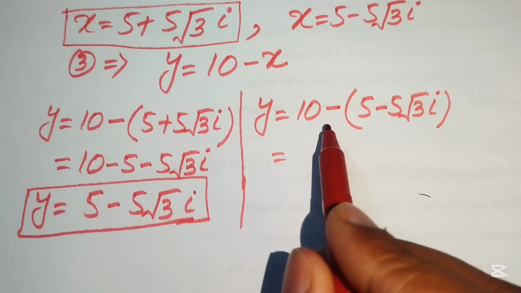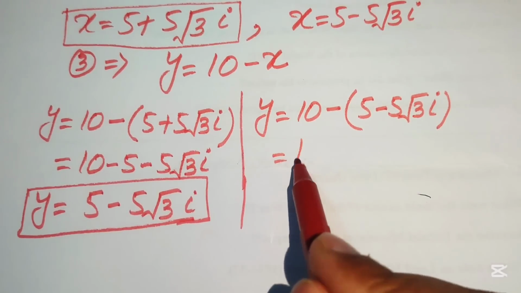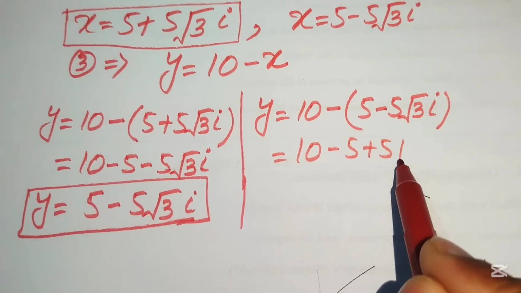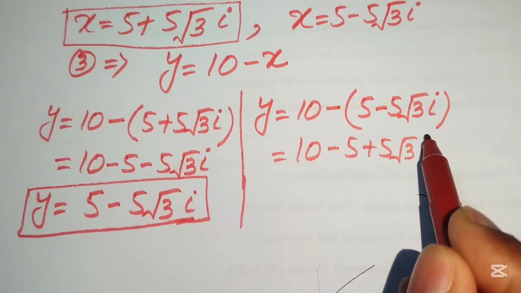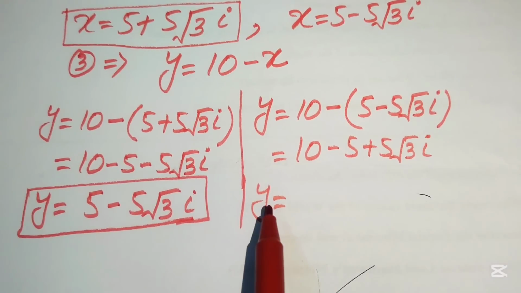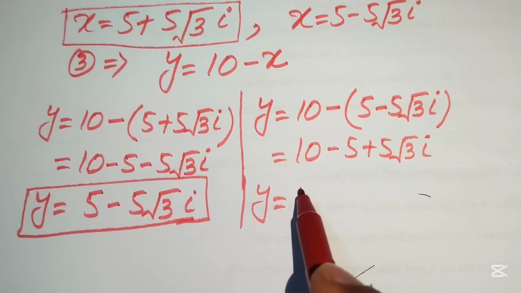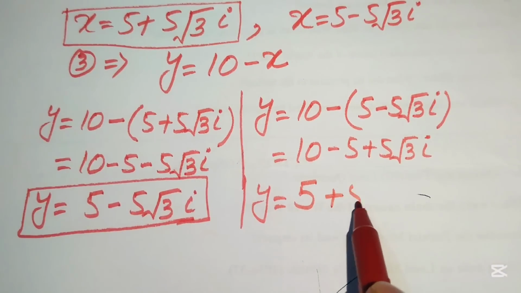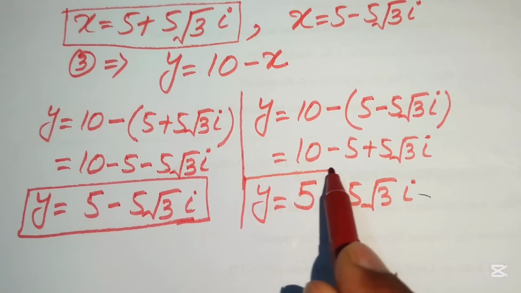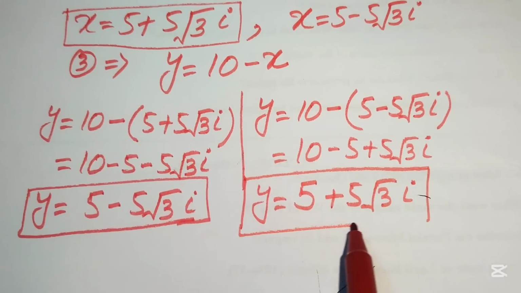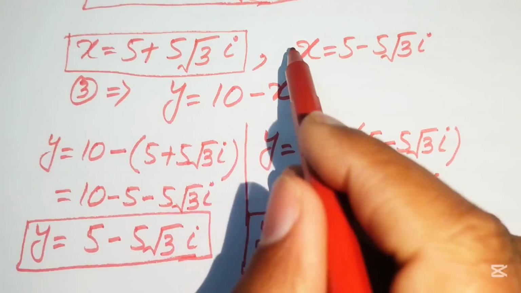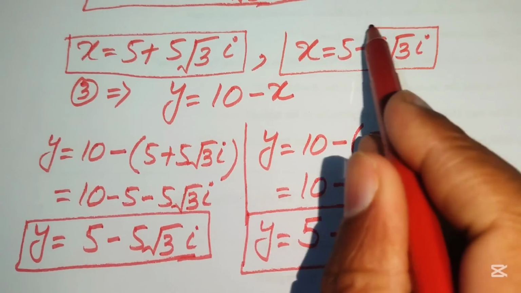Here we need to multiply this negative sign on both of these terms, and it will be written as 10 - 5 + 5 times the square root of 3 iota. So here we have y = 10 - 5 = 5 + 5 times the square root of 3 iota. So this is the value of y, corresponding to the value of x that we used.